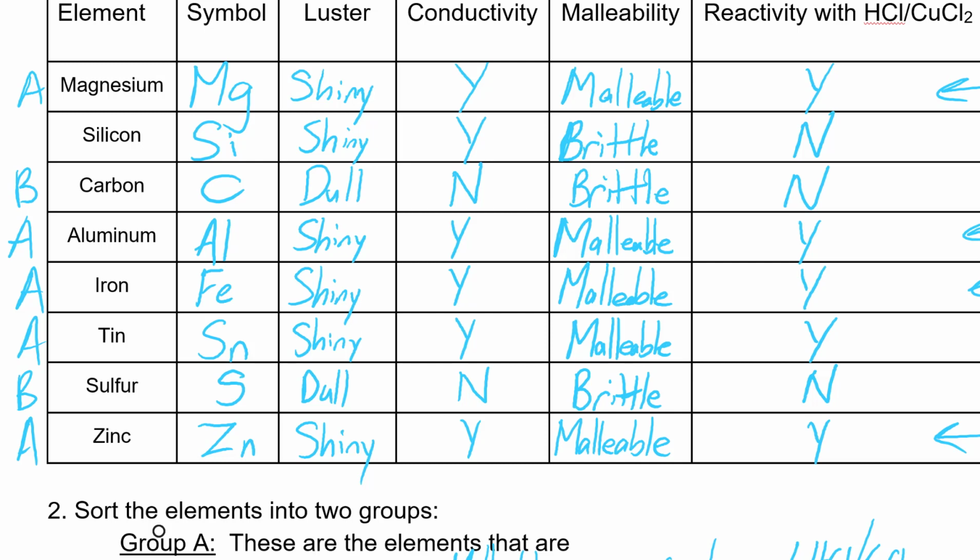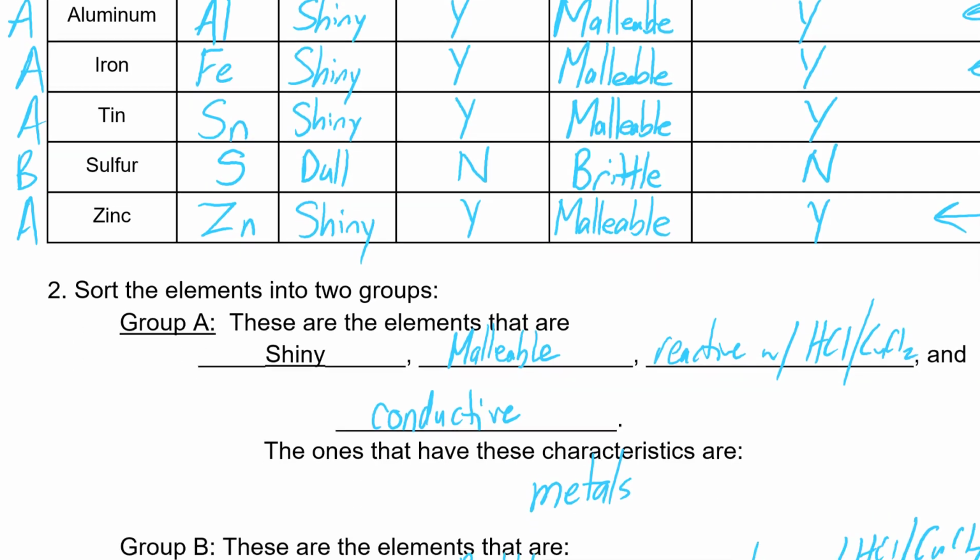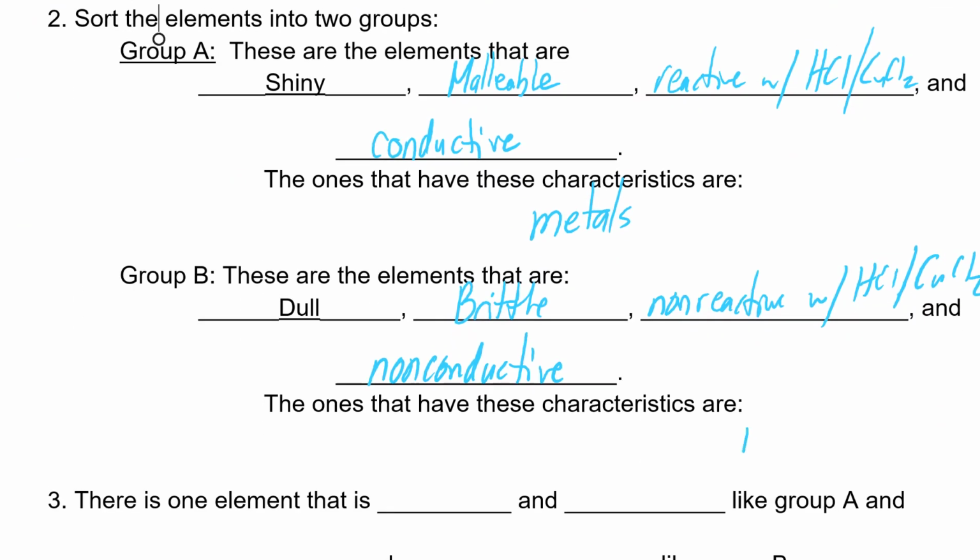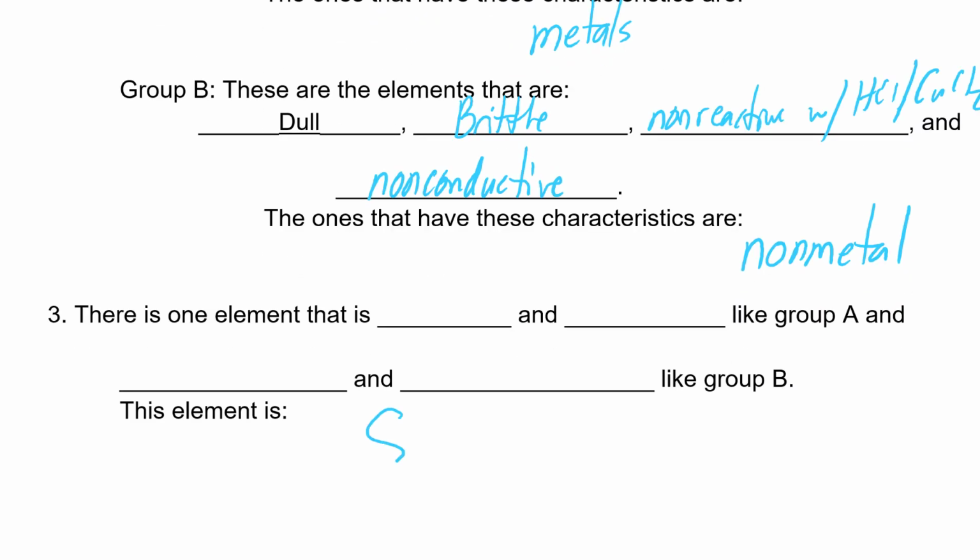You can see that silicon is actually a mix. It's shiny and conductive like group A, and it's brittle and not reactive like group B. So we call these guys non-metals, but we see that silicon is the exception to the rule.